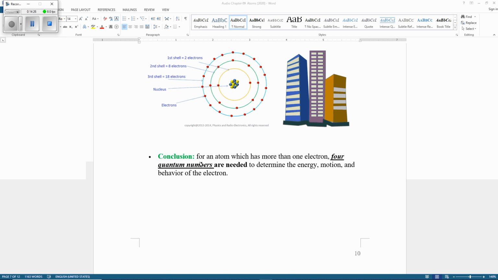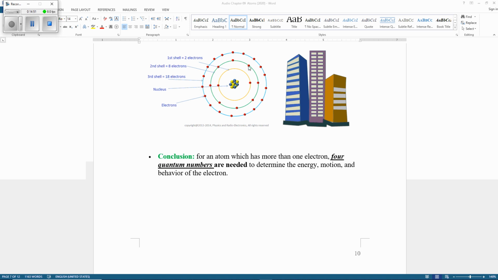We say for an atom which has more than one electron, 4 quantum numbers are needed to determine their energy, motion, and behavior. So remember this conclusion. Every electron has 4 quantum numbers.